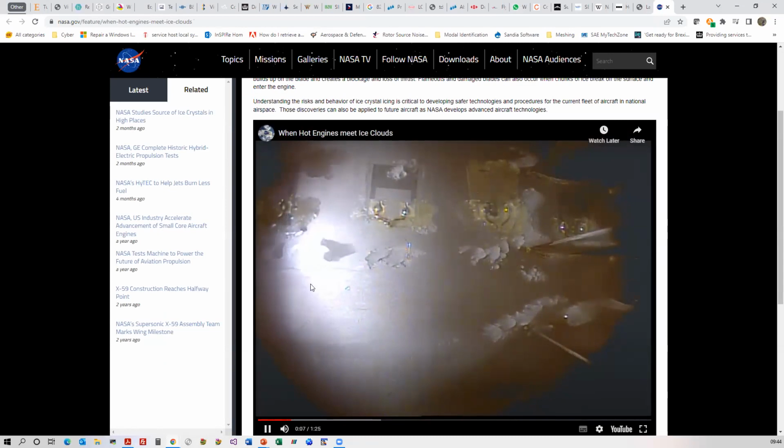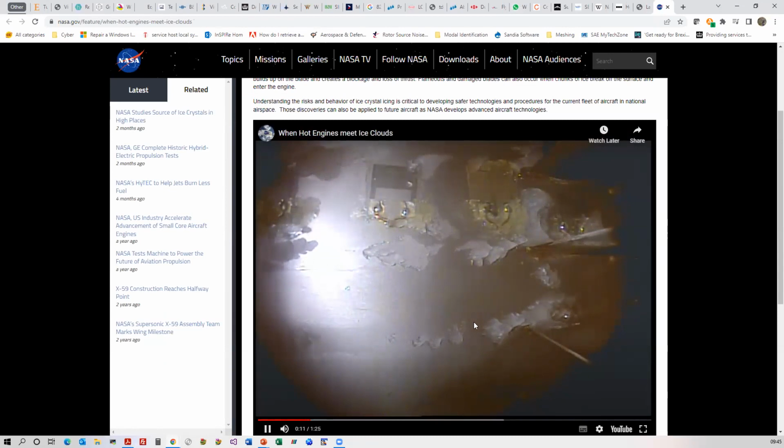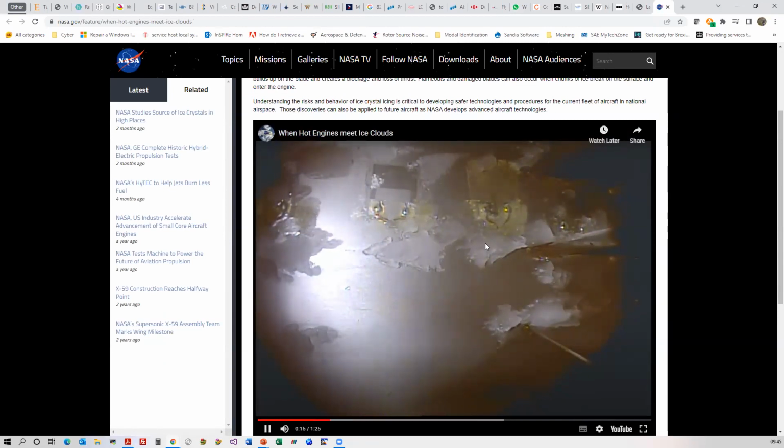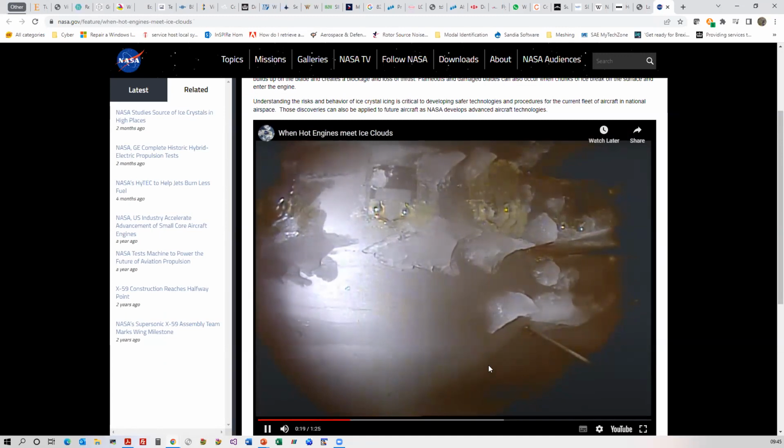So you can see these very wet, slushy ice formations form, and then they ultimately start to shed into the engine, which of course isn't ideal.